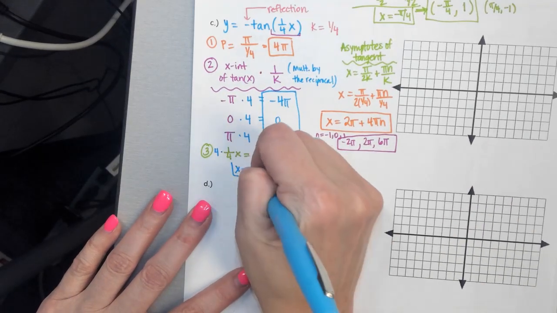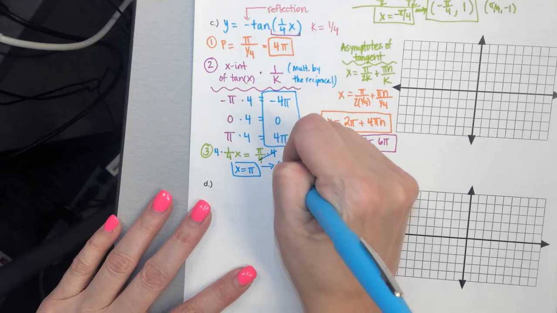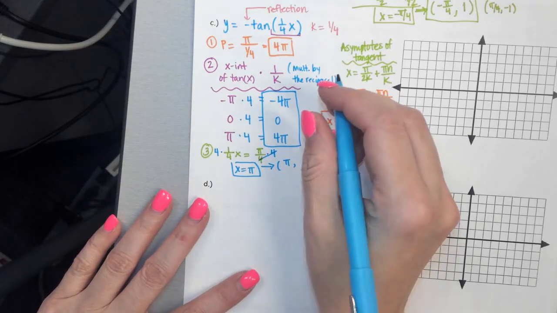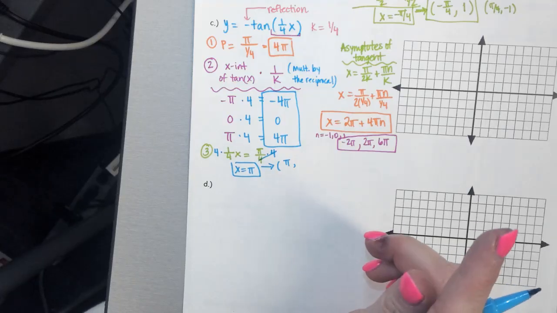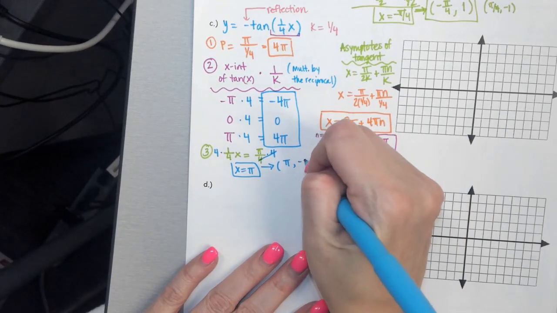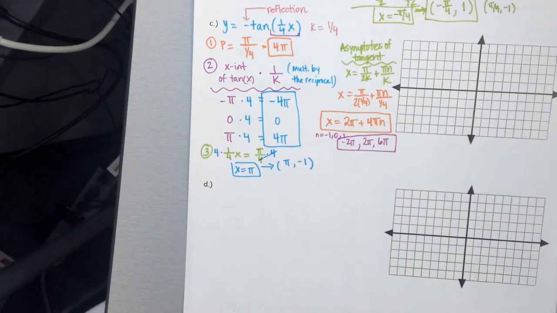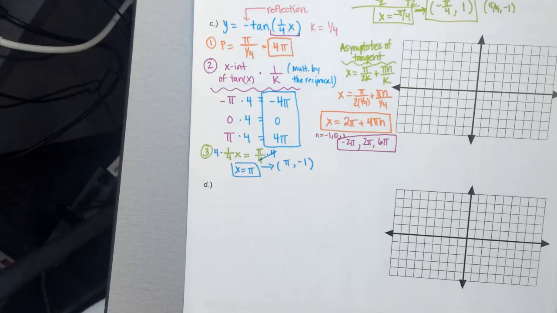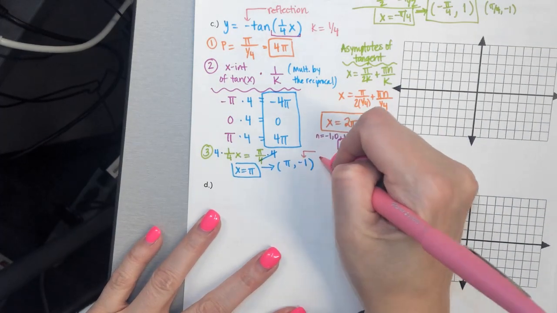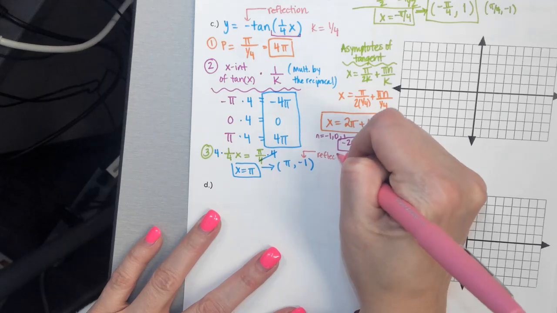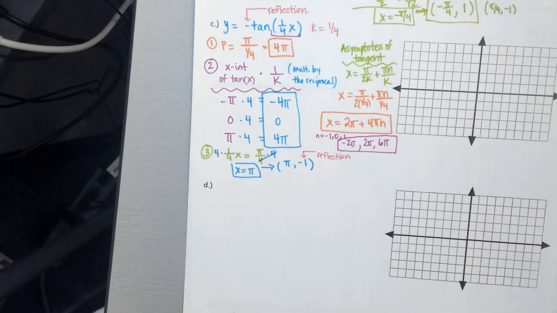But what that means is when you plug in pi, your output is going to be, normally it's 1. Do you know why this one is -1 instead of 1? It's a reflection. So normally it would be 1. The only reason why this changes is because it's a reflection.